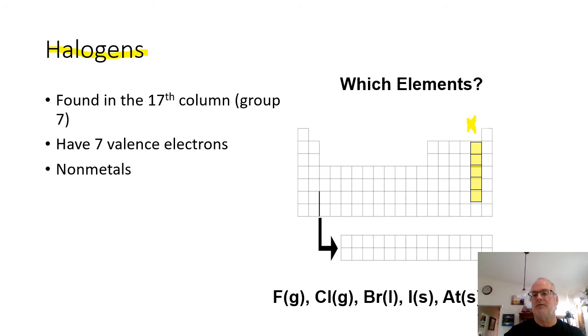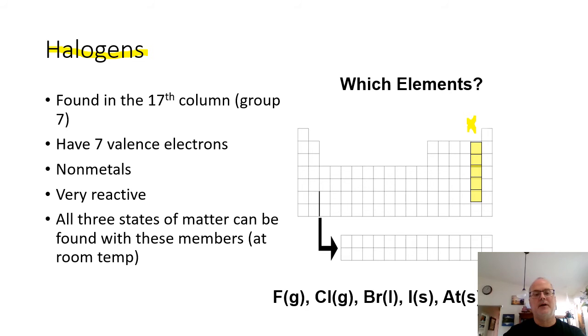They're all nonmetals, of course, because they're found on the right side of the break line on the periodic table. They're extremely reactive, and you can find these in all 3 different states of matter. So for example, fluorine's a gas, chlorine's a gas, bromine would be a liquid, iodine is a solid. One that I don't have on your list is astatine, which is also a solid, and so on.